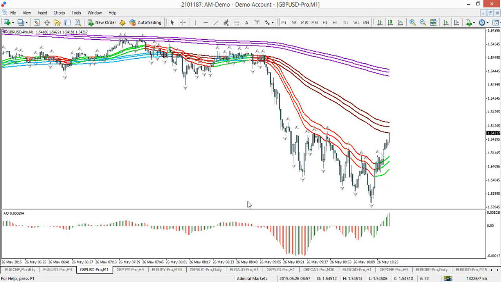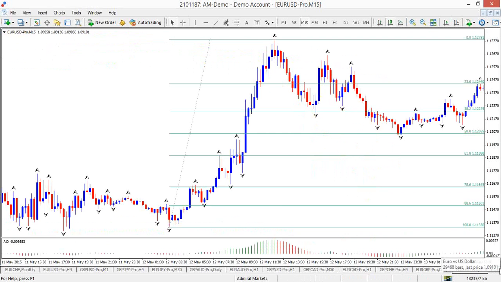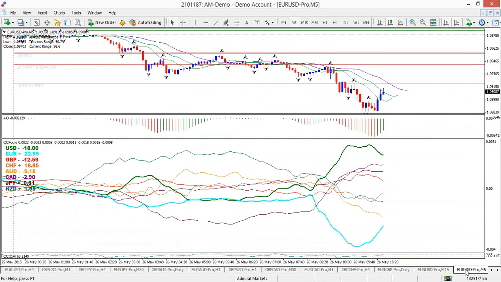All right, let's continue and take a look at some others. Let me quickly take a look at the strong versus weak. Dollar moving down a bit, euro up, getting a bit of a bounce. Obviously, dollar was strong. This is the Aussie, I believe.